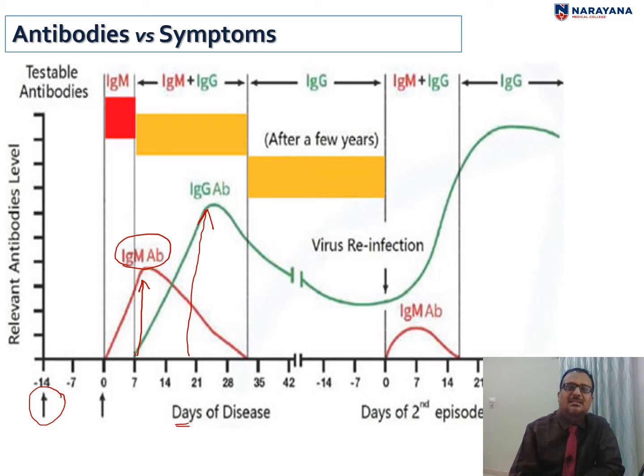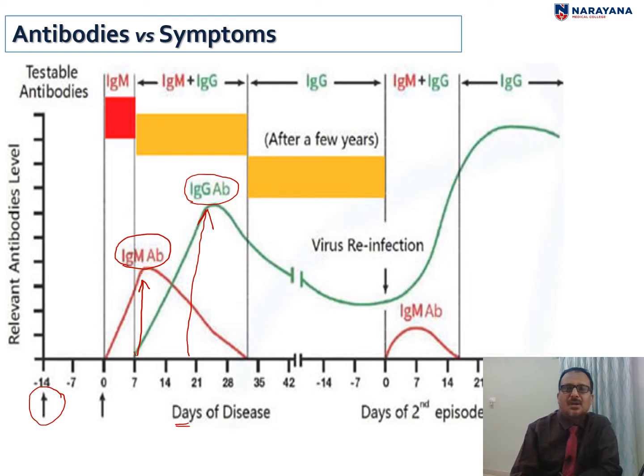The IgG antibodies produced from the end of the first week will continue for a few months. There are still some doubts about how long these antibodies would be present in the blood. Some articles say about 3 to 4 months, and some say 6 months. It still has to be confirmed.